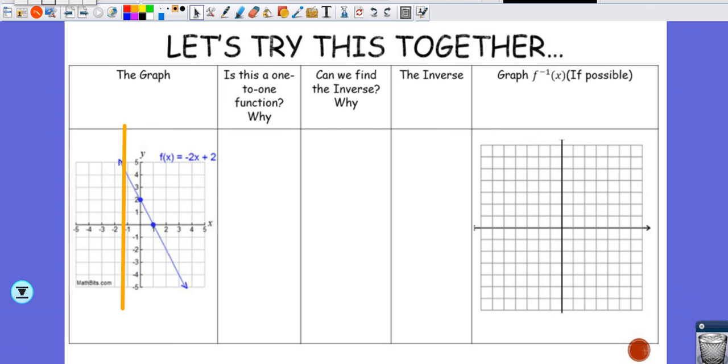So I'm going to take this orange line, and I'm going to, if it'll let me, hold on. I might have to do it. Yeah, there we go. I'm going to take this orange line and drag it. It's not going to be nice to me. I want to drag it.